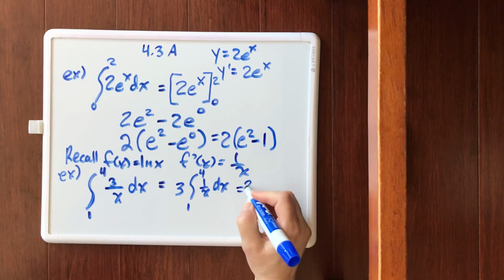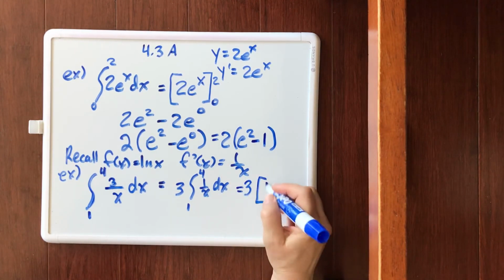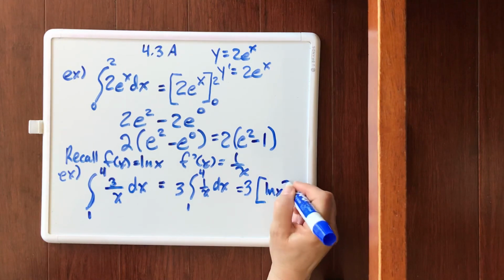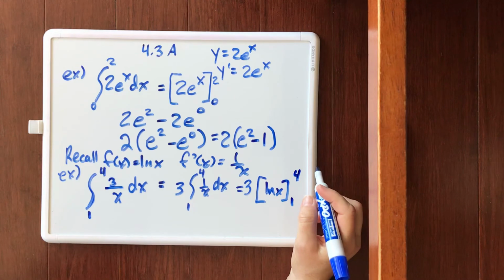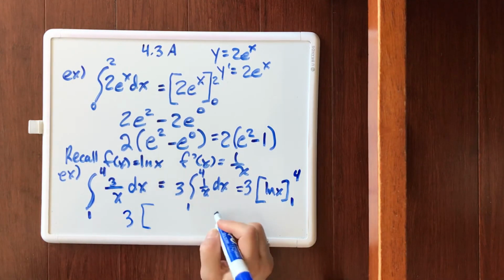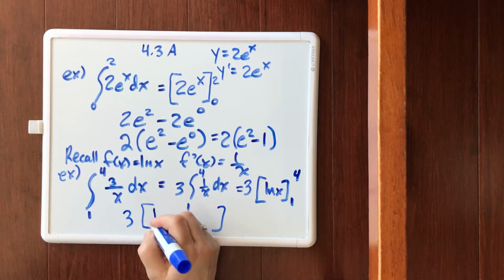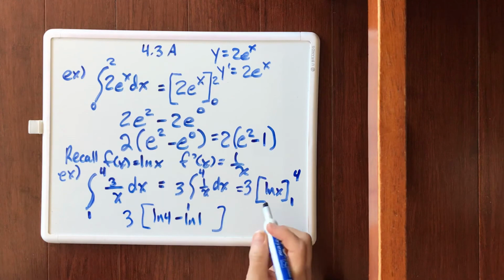So we can go ahead, we're going to put our 3 here, and then this becomes ln of x, and the ln of x is from 1 to 4. Okay, now you can keep the 3 out and do your calculations. So we have ln of 4 minus ln of 1.